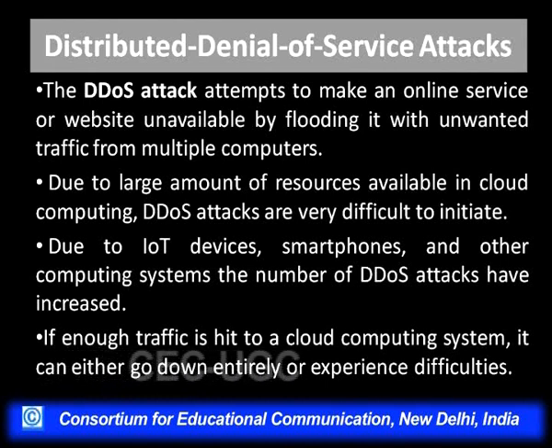They overload the website with so much traffic that the website is not able to cater to such huge traffic, and therefore it becomes unavailable because of this flooding demand.